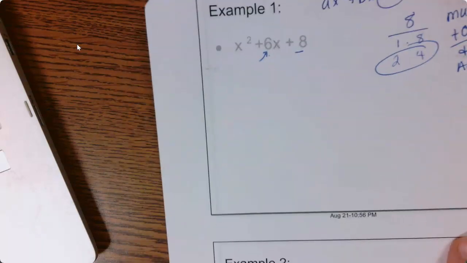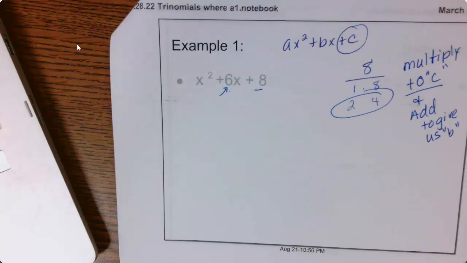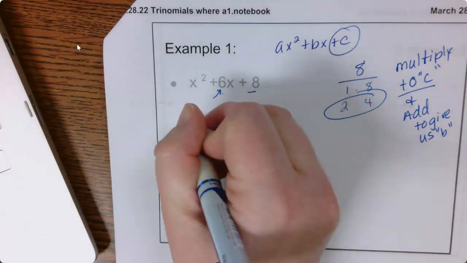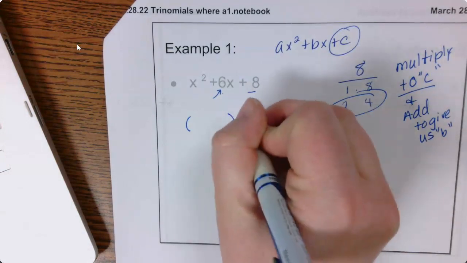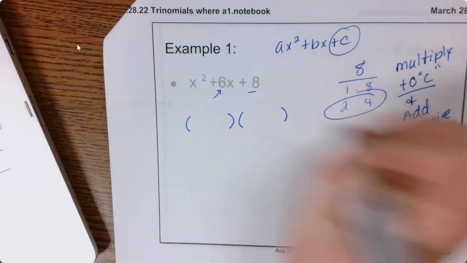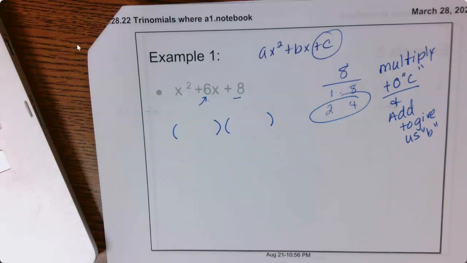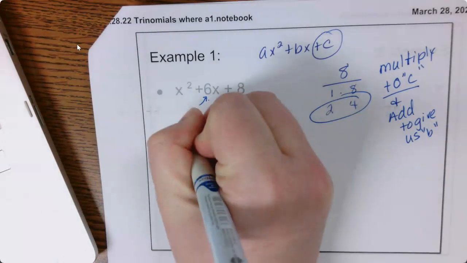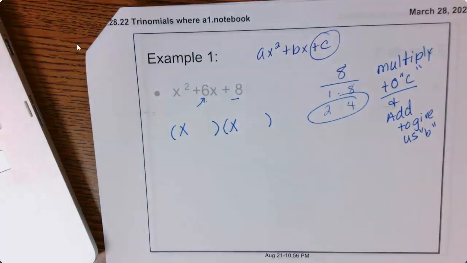Okay, so kind of like when we did difference of 2 squares, you're going to have 2 sets of parentheses. And same thing, how did you get x squared? Well, you multiplied x times x.